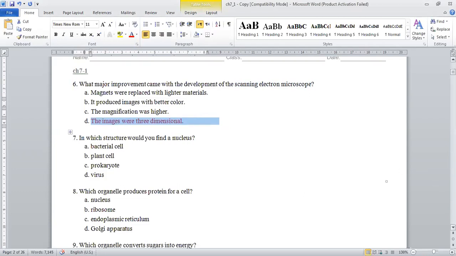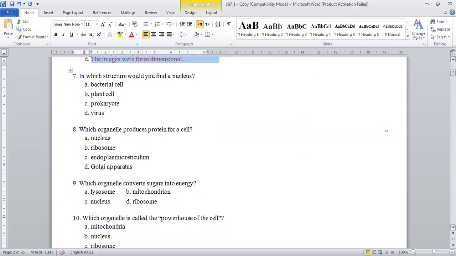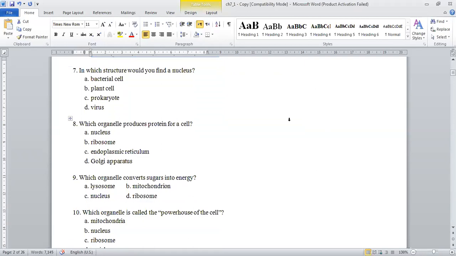Excellent answer. Question number 7. Can I solve?